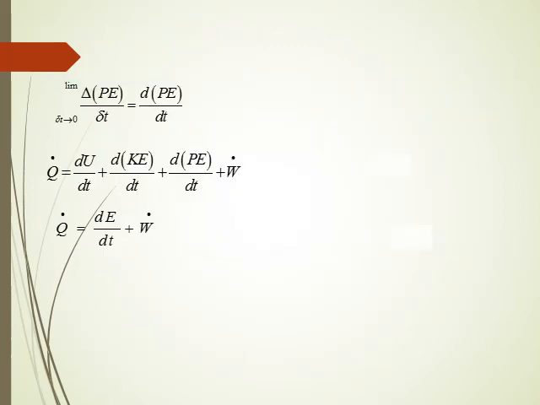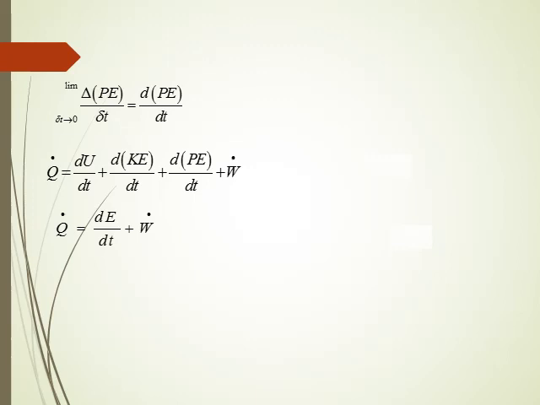So applying all these, we get the first law equation, or the conservation of energy equation, in the form of a rate equation as shown on the slide. So Q dot is equal to dU upon dt plus d of KE upon dt plus d of PE upon dt plus W dot.